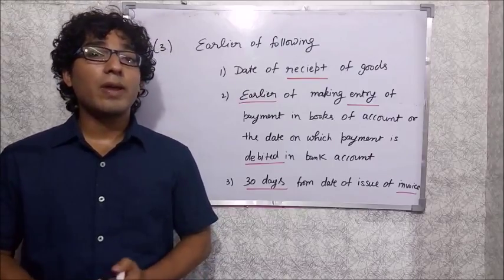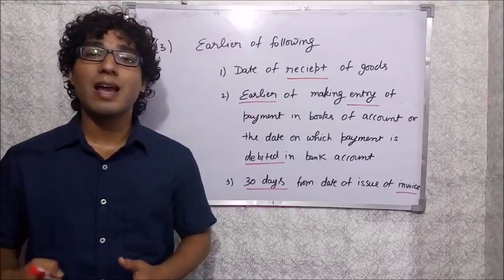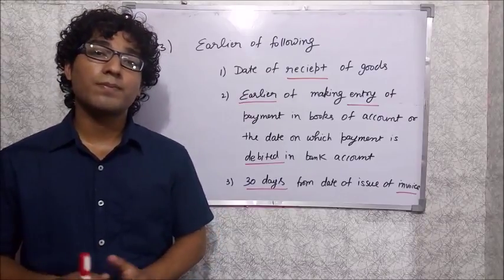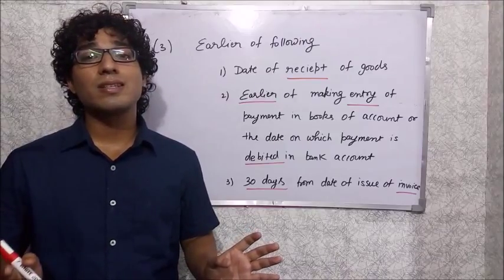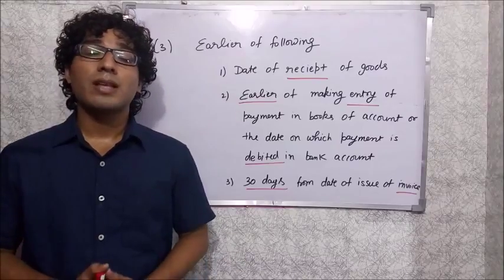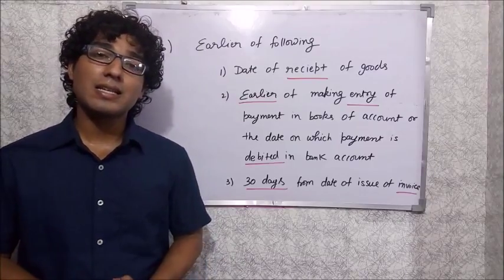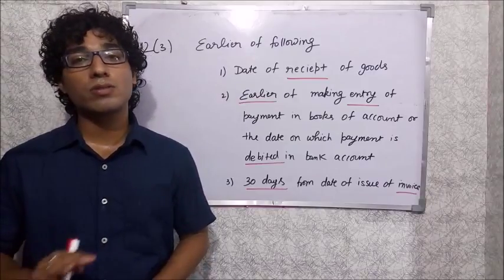So in the reverse charge mechanism, the recipient of supply of goods or services has to make the payment to the government. In the normal provision, the supplier of goods or services needs to pay the tax to the government, but in case of a reverse charge mechanism, the liability to pay tax is in the hands of the recipient of supply of goods or services.